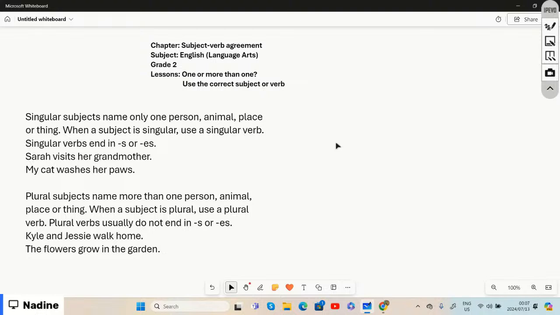When our subject is singular, we need to use a singular verb.